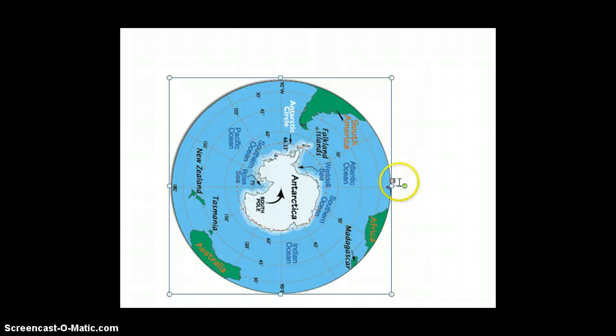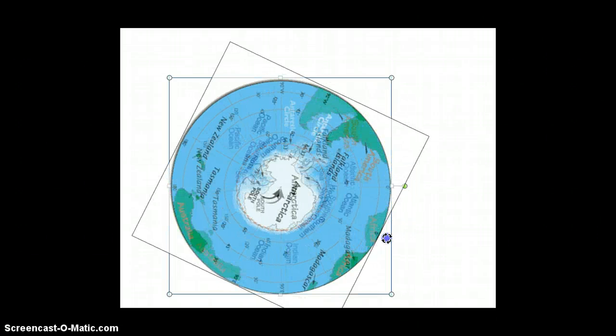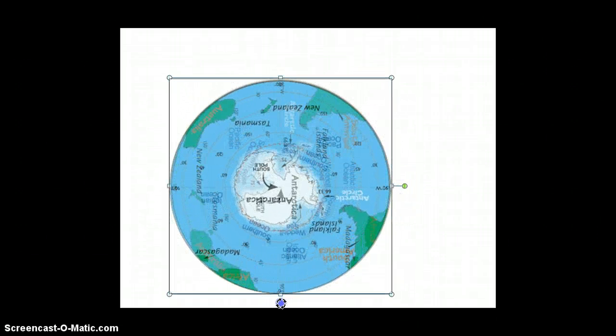That's 90 degrees. So as I'm rotating it, notice that Antarctica stays towards the middle, while Australia and South America stay towards the outside. That's 180 degrees.